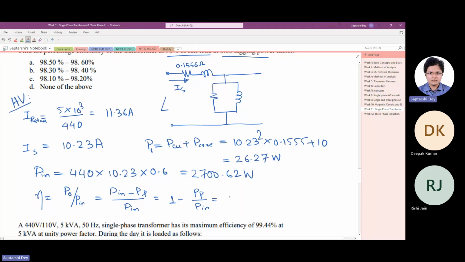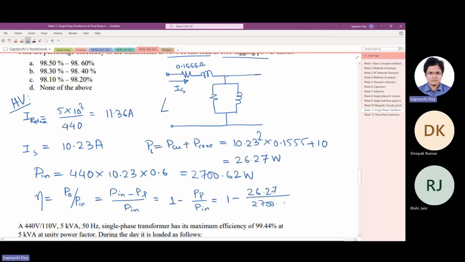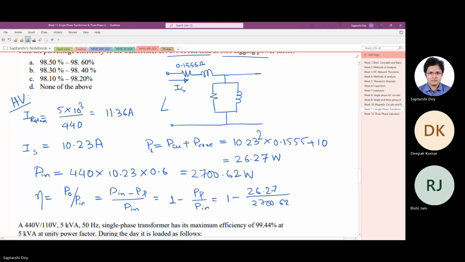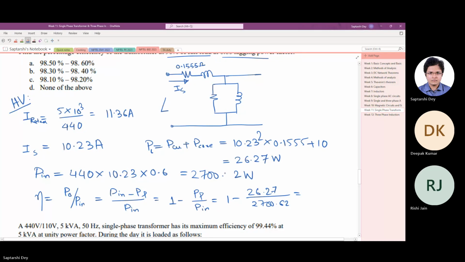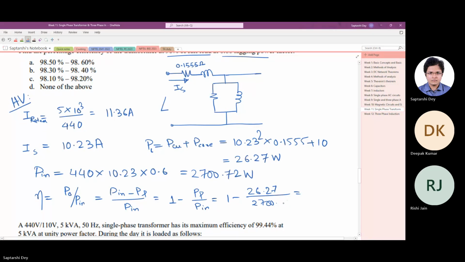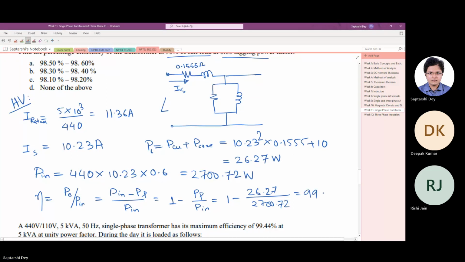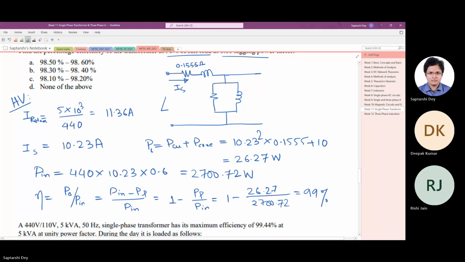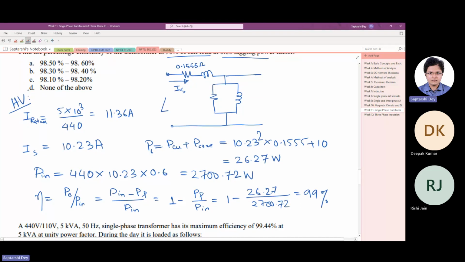So 1 minus 26.27 by 2700.6. It was 7.2, I think. Yeah. Anyway, that would not change much. 0.99 something is coming. So it's not matching any of them.